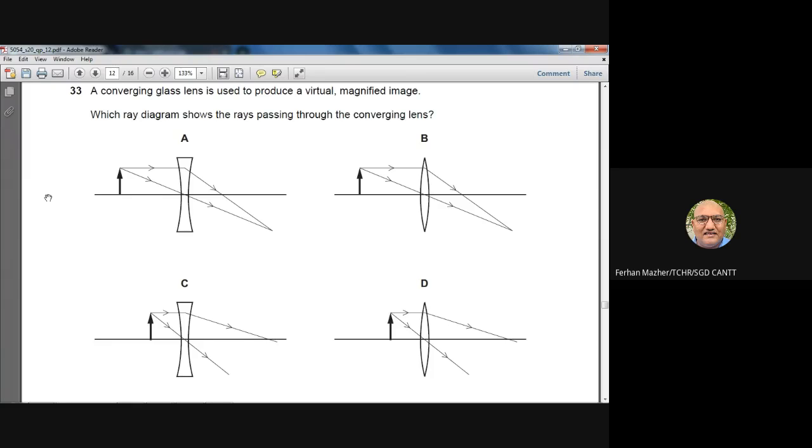So A and C cannot be the options. Why? Because they are concave lenses, they are diverging lenses. B and D can be the options. The B, you see, the image will be formed here.